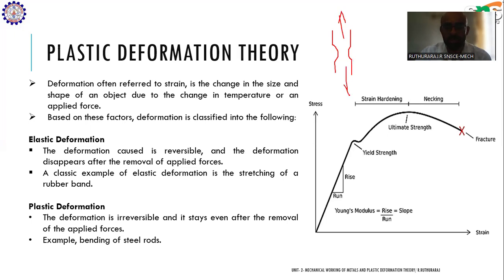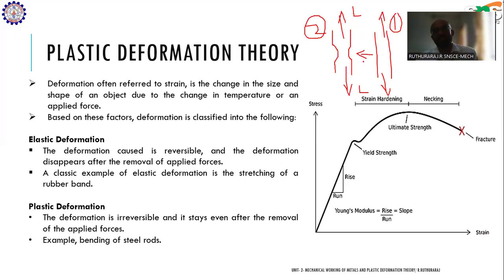So a tensile load is applied. This is L. When the load is applied, initially the metal will be like this. This will be 1. This will be 2. After plastic deformation, after a certain point, the material starts to stretch like this.